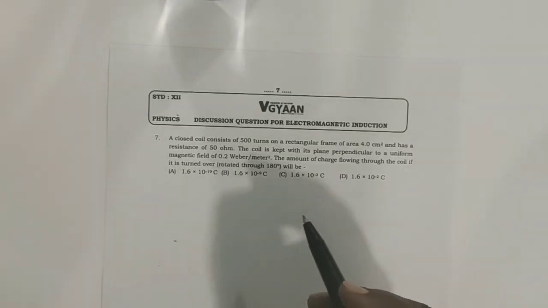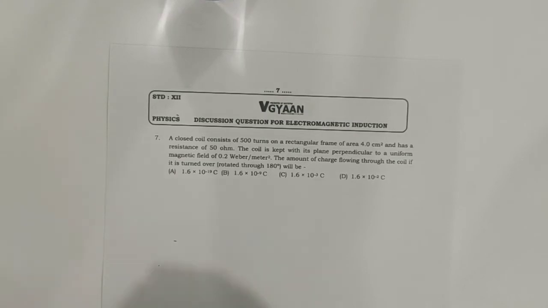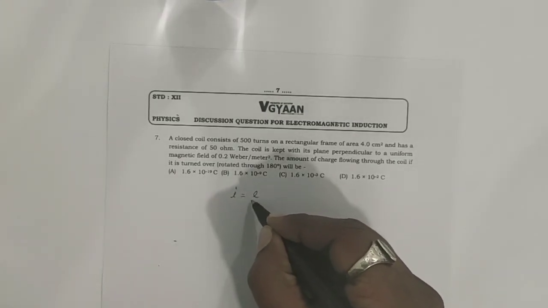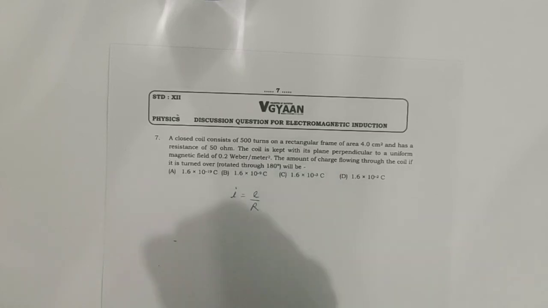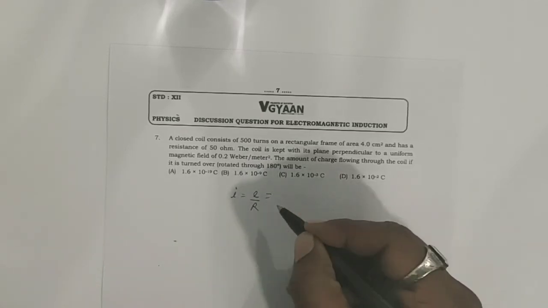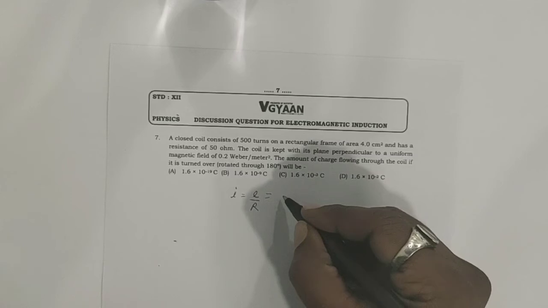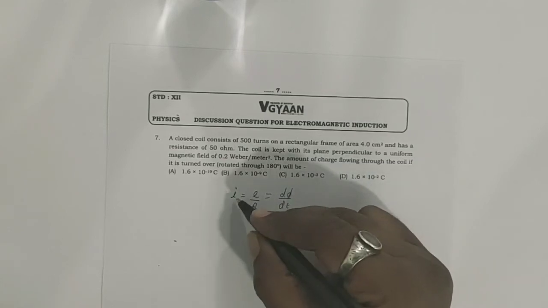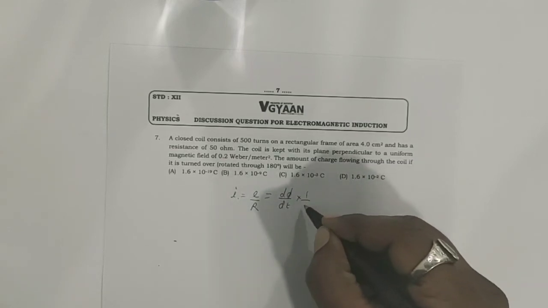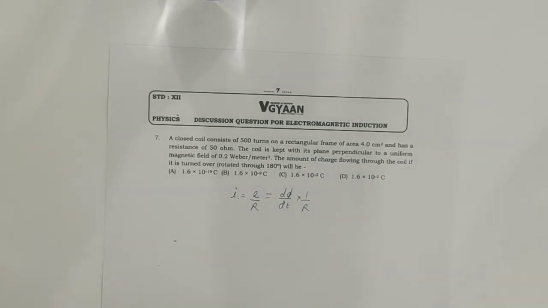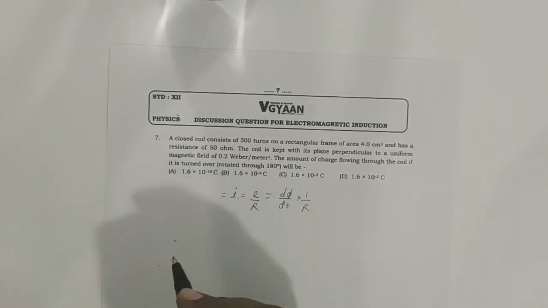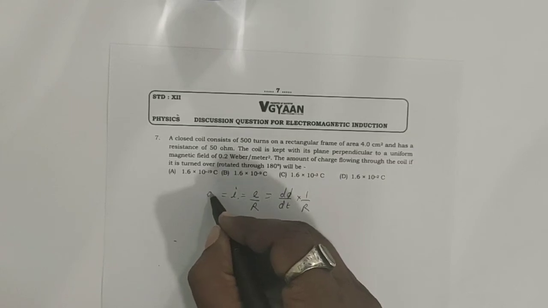So, if I want the current, by now we know that current is nothing but the induced EMF divided by resistance. The induced EMF in any coil is given by the formula d phi by dt, but this is for induced EMF. I want the current, so this is going to be 1 upon R. But however, they are not asking us to find the current, they are asking us to find the total charge that is flowing.